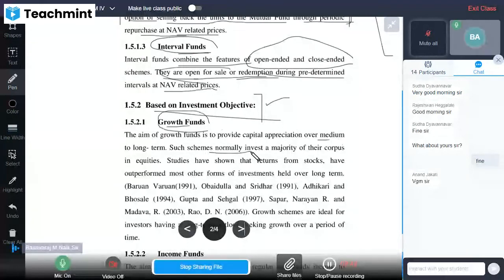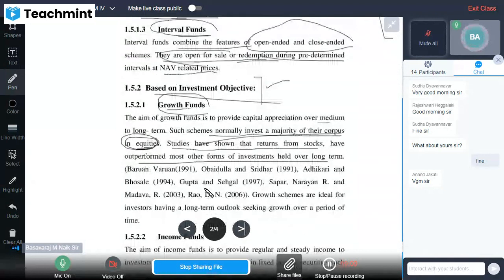Such schemes normally invest the majority of their corpus in equities. They are investing into equity, so with the majority of their stake in equity, automatically the capital will be appreciated. They can do the capital formation. Studies have shown that returns from stocks have outperformed most other forms of investment held over the long term, right?